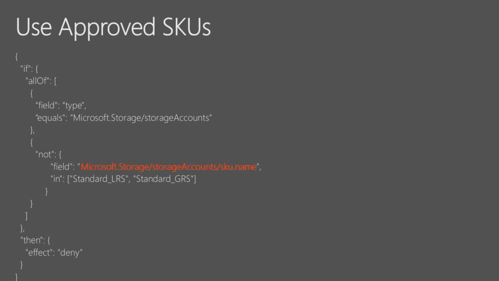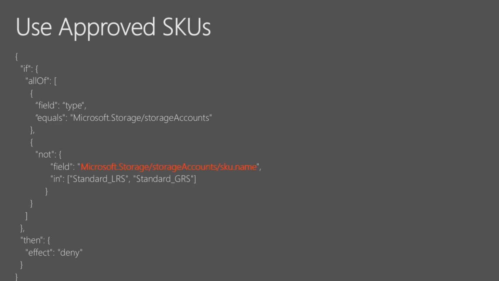The next one is about approved SKUs. Here, you have two conditions you have to meet. One is about the resource type: it specifies that the type is storage account, and then the field of the SKU. Look at the field I highlighted.